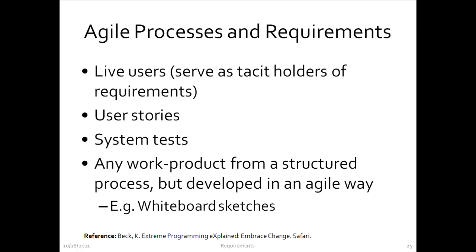So the customer in Agile requirements gathering is a first class work product, because the thinking is that customers are the true repositories of the requirements. However, there are some documents that are created to capture requirements work products.